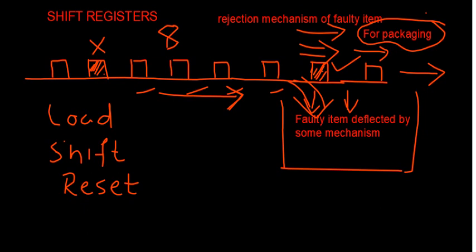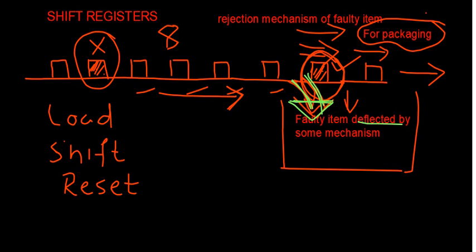Then the next thing is that once this particular item comes to this particular position on the conveyor belt, you should have some kind of mechanism, which I have already told you here. This mechanism is an output device, which is called the deflecting mechanism, right?